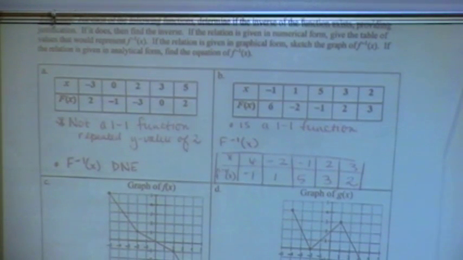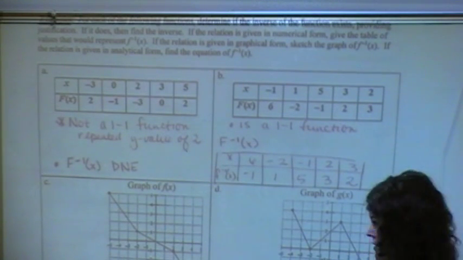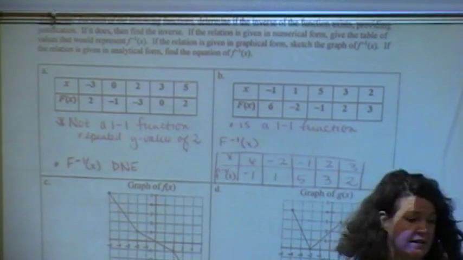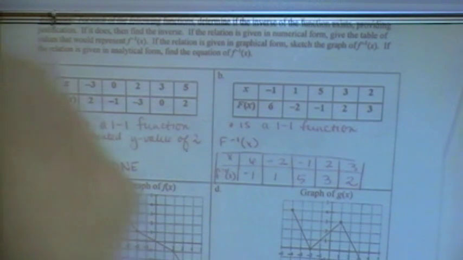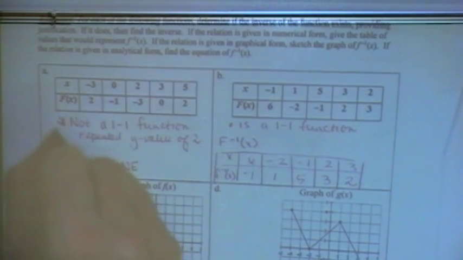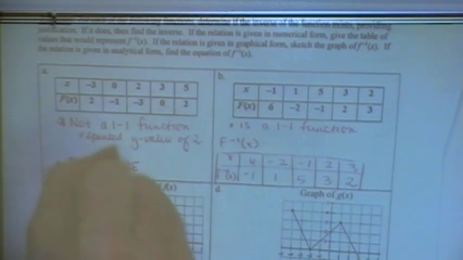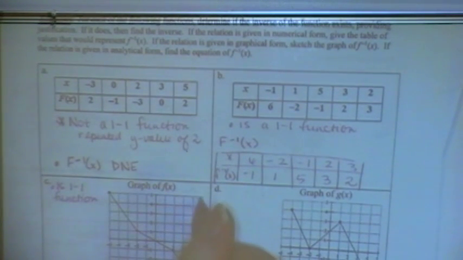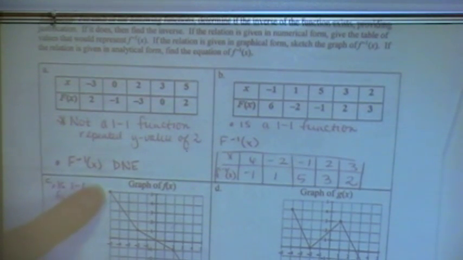C, is C a one-to-one function? Yes, because it passes both the vertical and the horizontal line test, so it is one-to-one. All right, so now we can either try to reflect it across the linear parent function, right here, or you can take some critical points and reflect them. That's what I'm going to try to do.